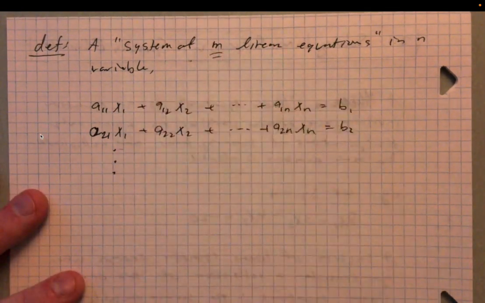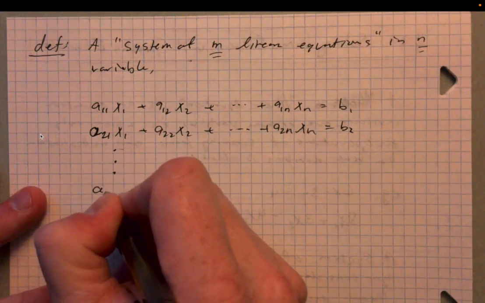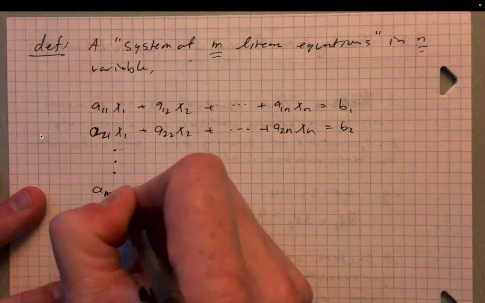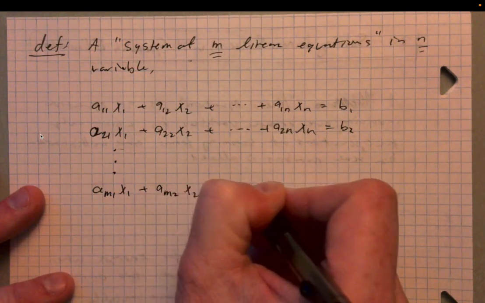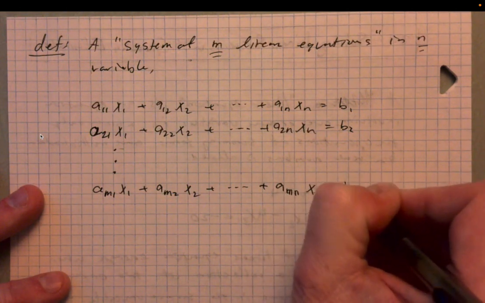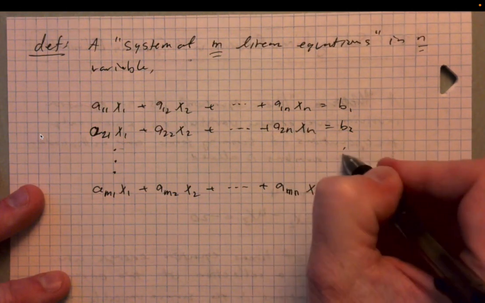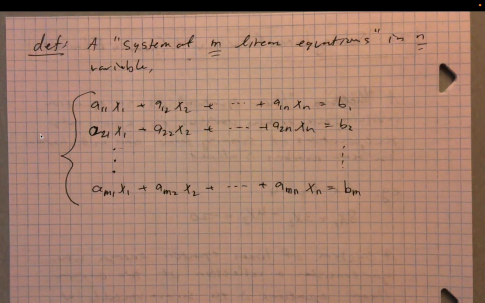So m linear equations, n variables, and down here I would have am1 x1 plus am2 x2 plus ... plus amn xn equals bm. This is the blueprint for a system of linear equations, with m equations and n variables.